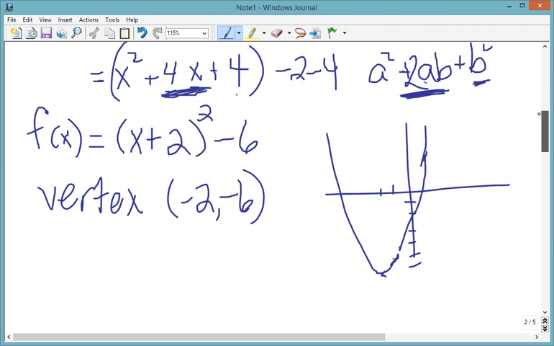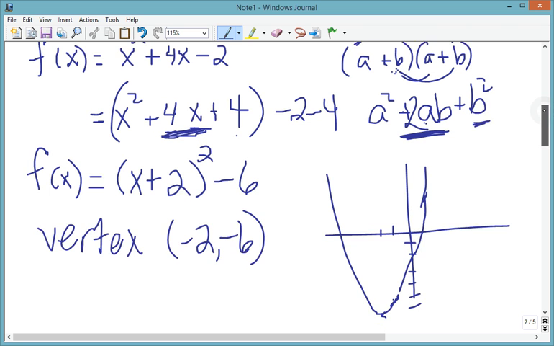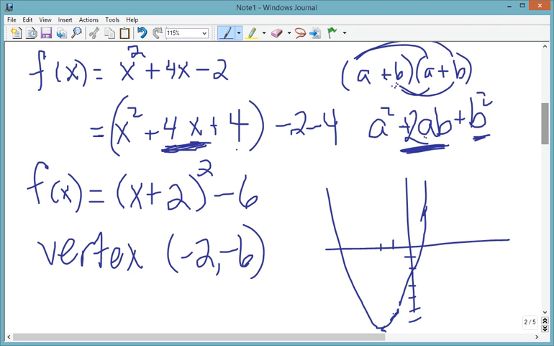Well, let's come back up here to the first one we did. You notice that when we graph this, the vertex that we found right down here, it is a minimum on this function, right? So the x value is where the minimum occurs. The y value is the minimum.